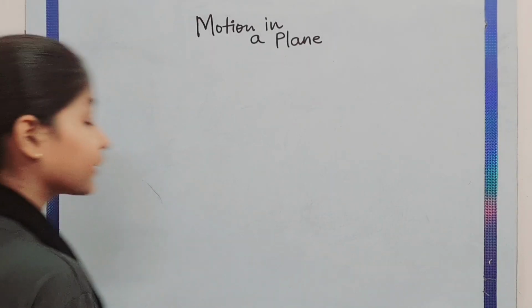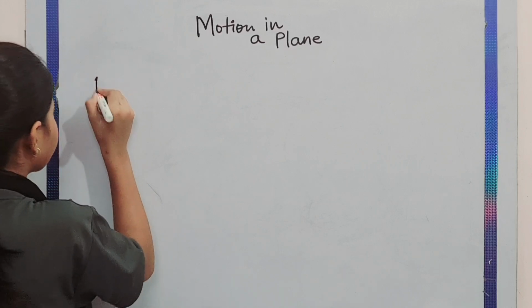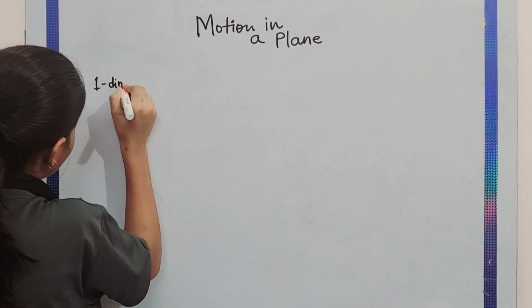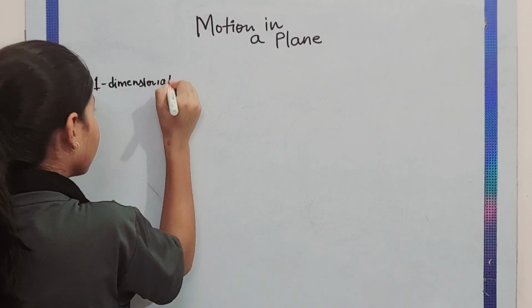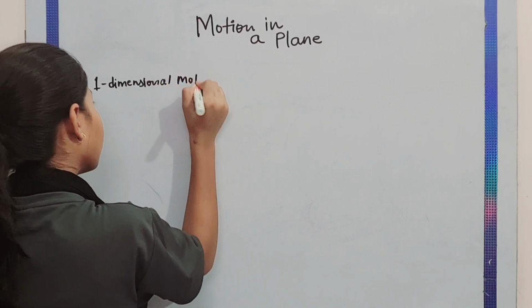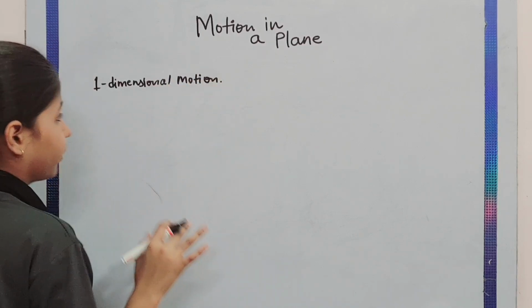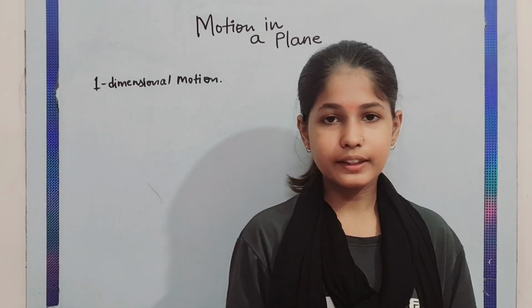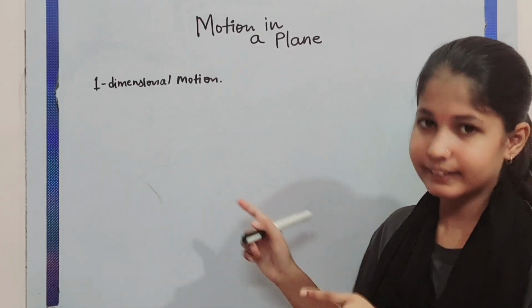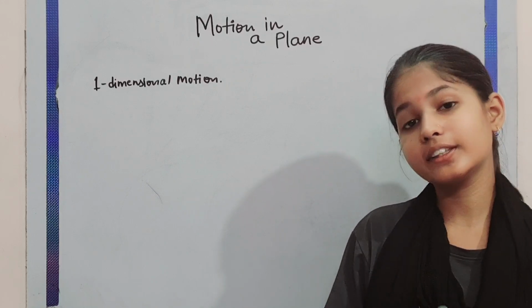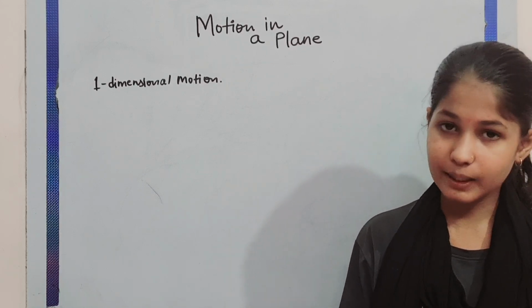Okay, so let's talk about what is an example of one-dimensional motion. First of all, I have asked a question whether this exists, and if your answer is yes, then give me the example.